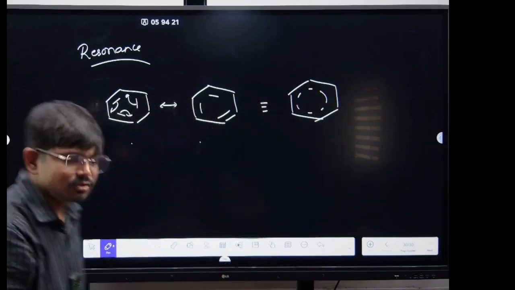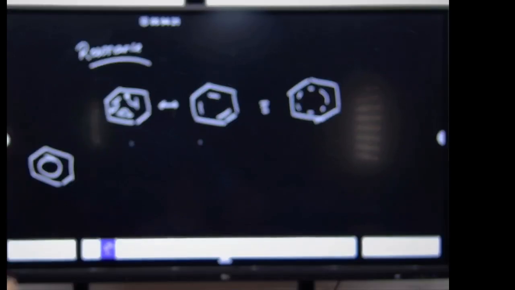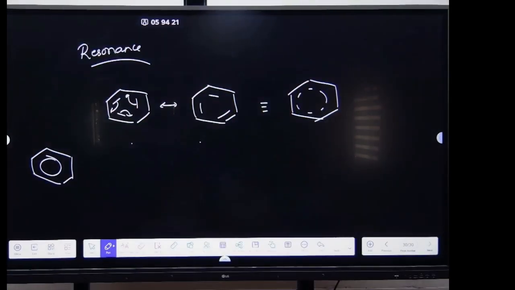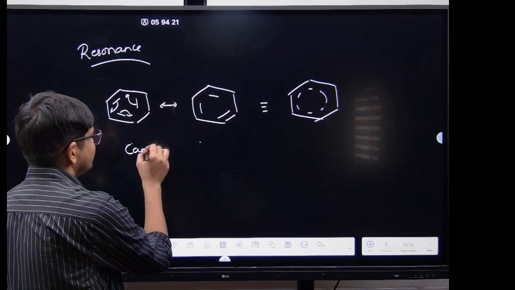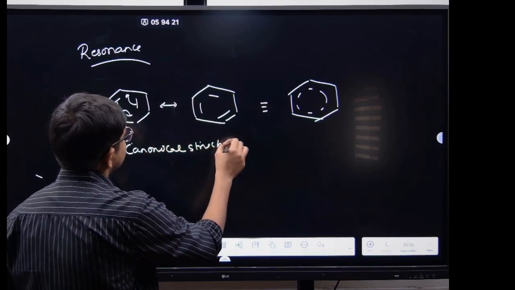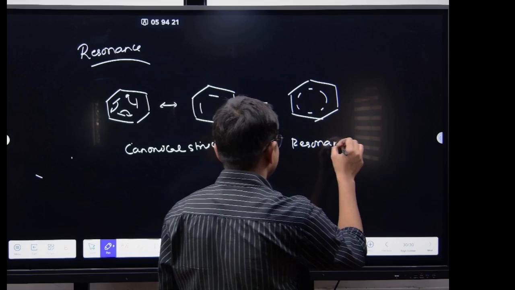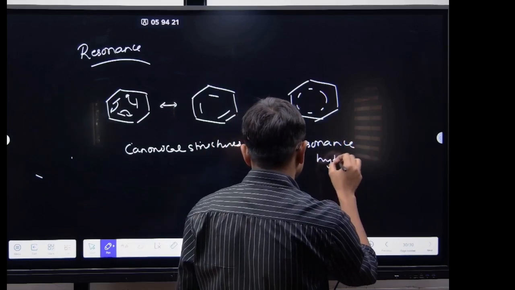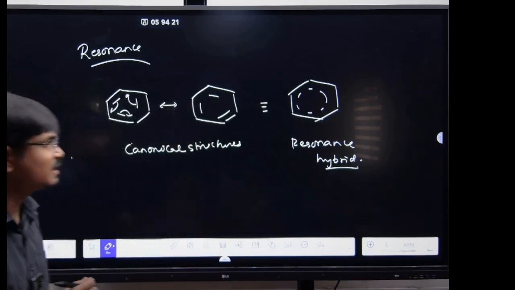That is why you draw a circle inside benzene, right? This is the resonance. These are the canonical structures, and this is your resonance hybrid.